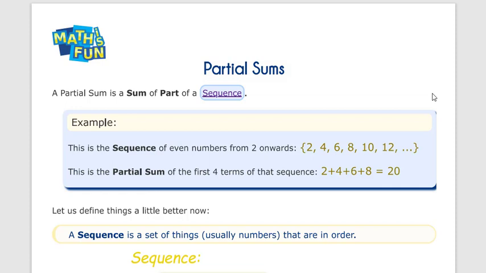In the last two lectures we have discussed two different types of sequence, arithmetic sequence and geometric sequence. In both sequences we discussed the definition, how to write geometric and arithmetic sequences, and what rules they follow.